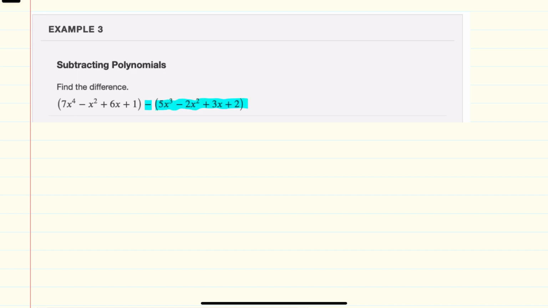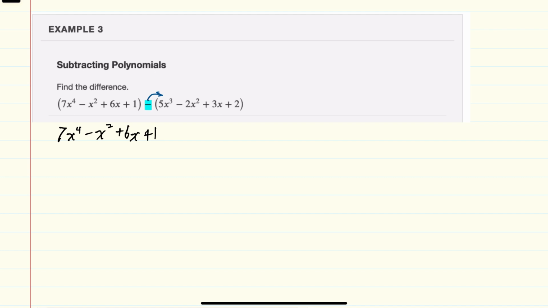set of parentheses into addition by distributing the negative to drop those parentheses. So our first parentheses will stay the same, 7x to the fourth minus x squared plus 6x plus 1.